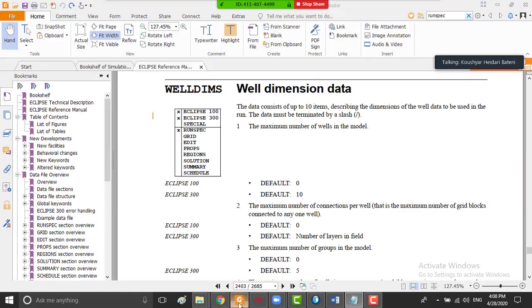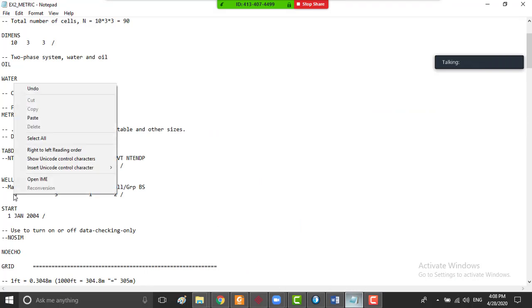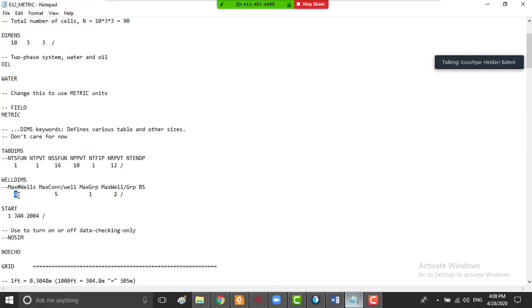The reference manual says that the first data that you write after the WELLDIMS keyword is the maximum number of wells in the model. So in the data file that I've sent you, the first data is 4, so it means that the maximum number of wells in the model can be 4.